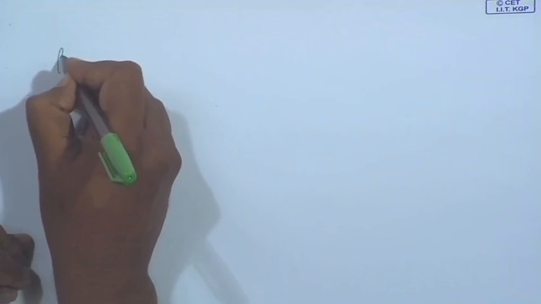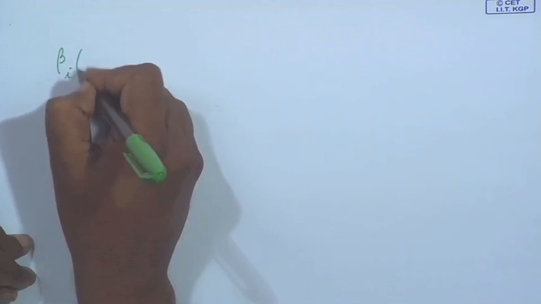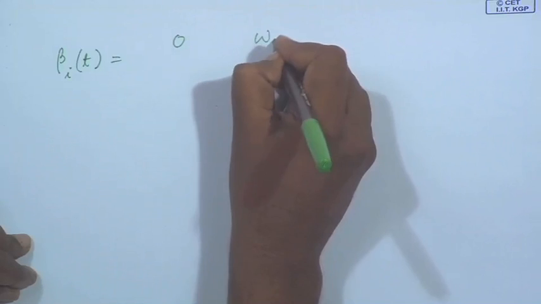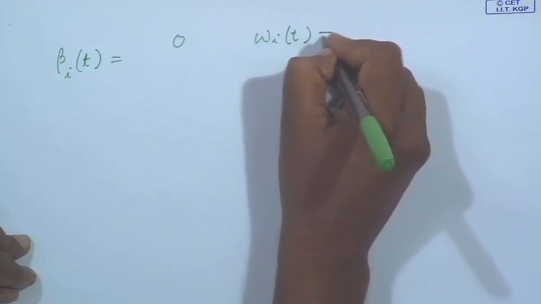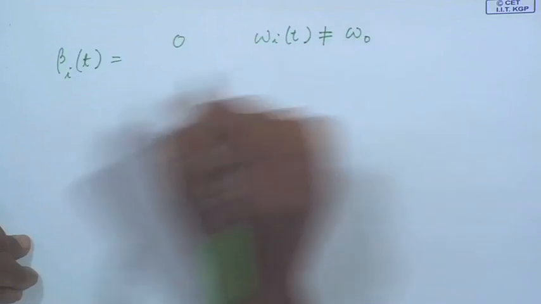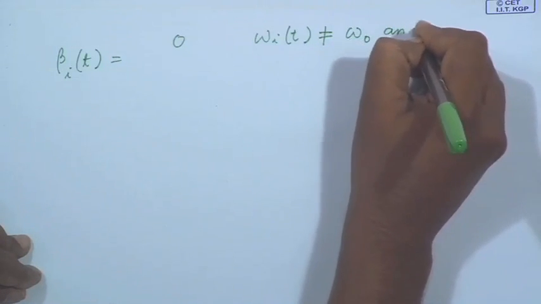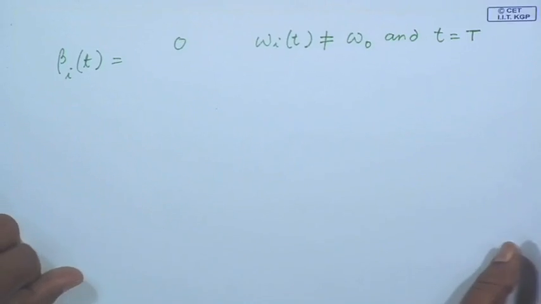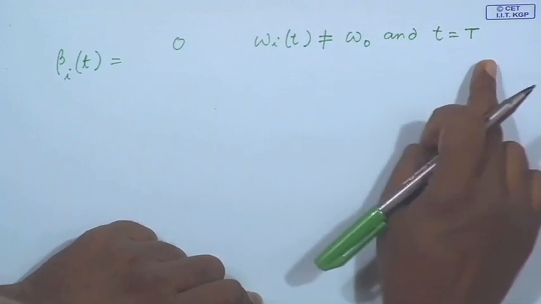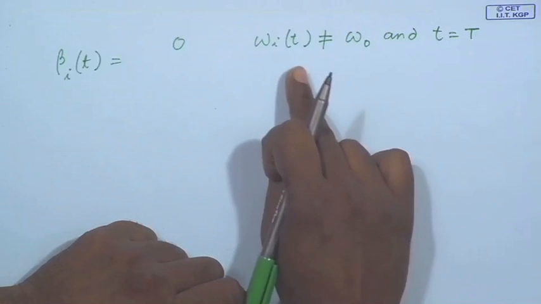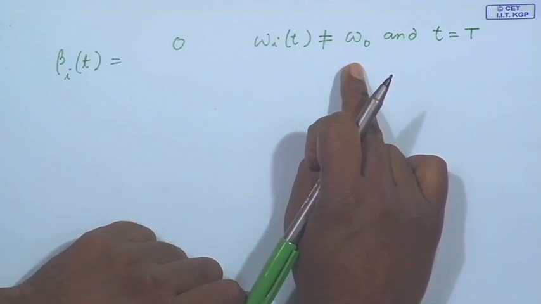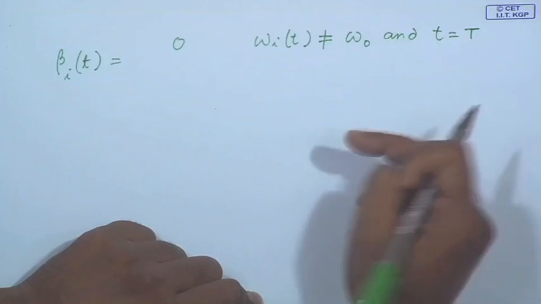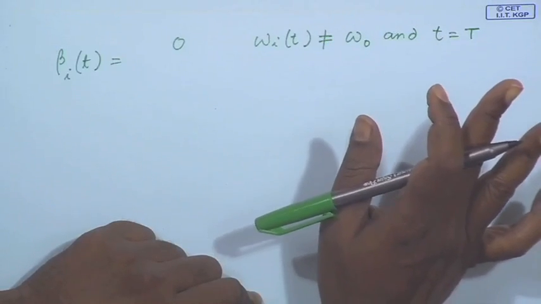So, this beta it will be equal to 0 if omega it is not equal to omega 0 and t is equal to the last time step, that is t equal to capital T, because as we said, the last hidden state has to be omega 0, in which the machine generates the only visible symbol which is V 0.